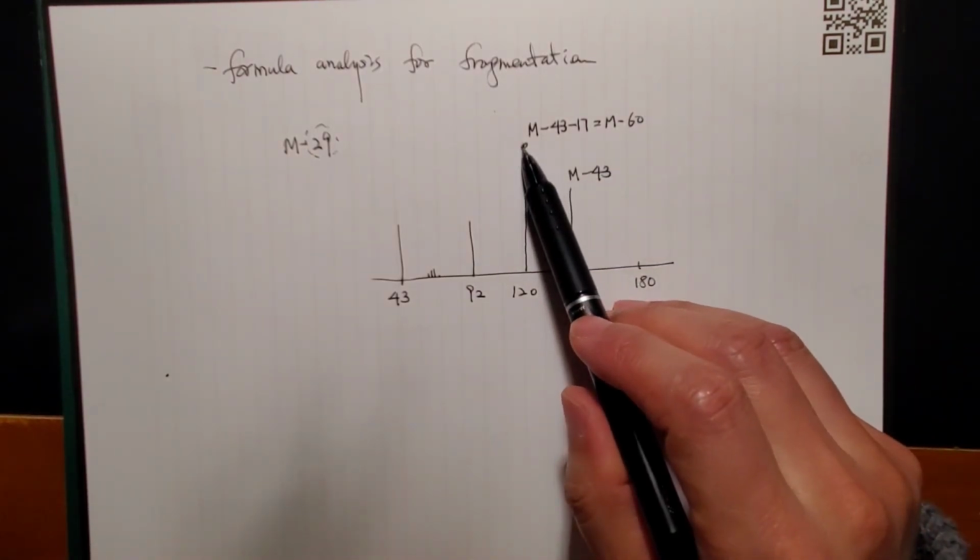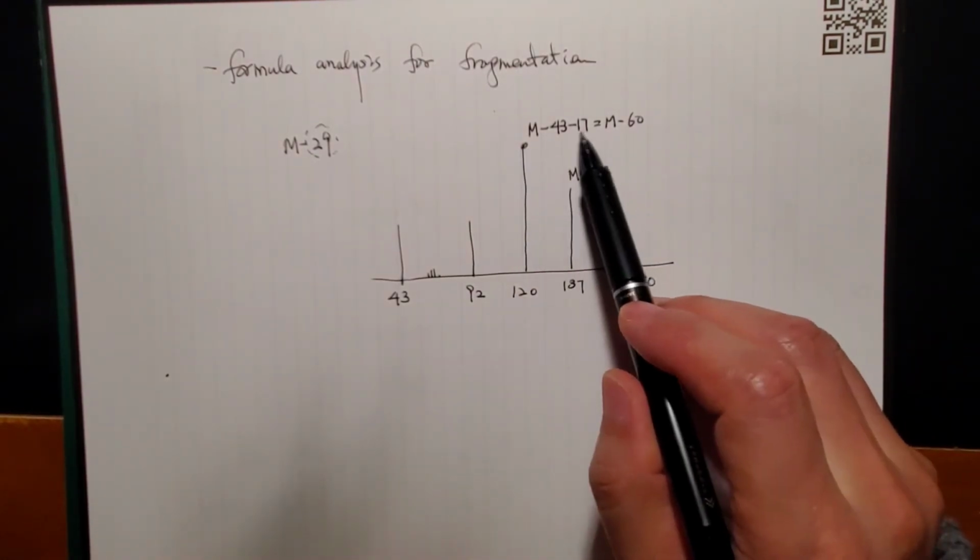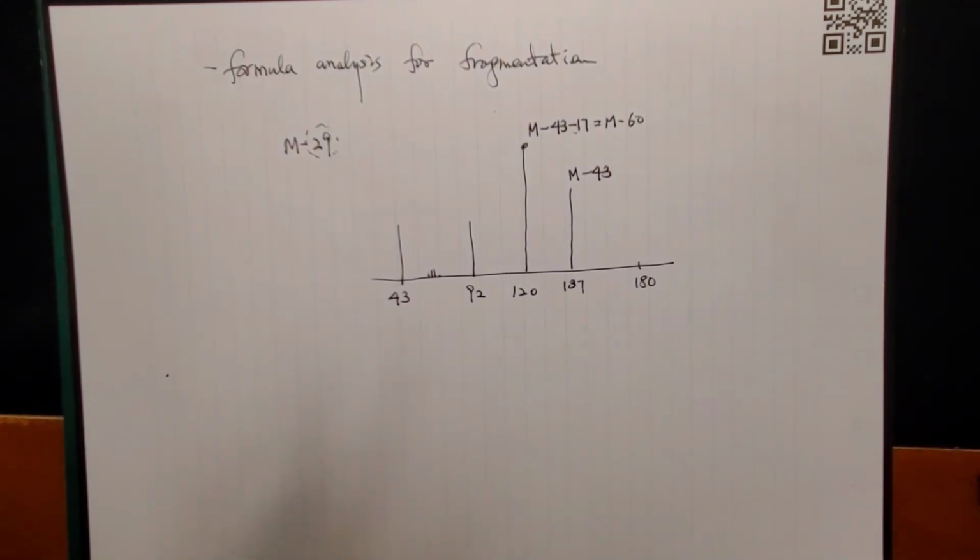Then this peak, the most stable one, lost 17 more. So what is it? What makes 17? It's very difficult with just the carbon in it. If you think about it, just carbon 12, okay, 4 more carbon would be 16. So to be 17, you need to have 1 more hydrogen, and that's not possible.